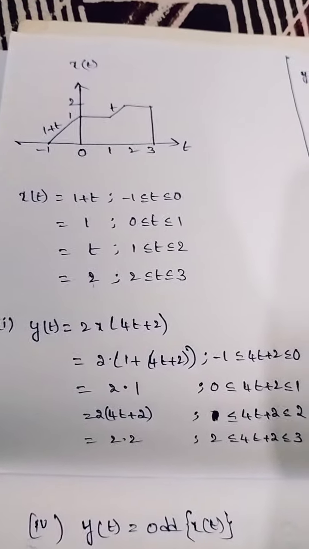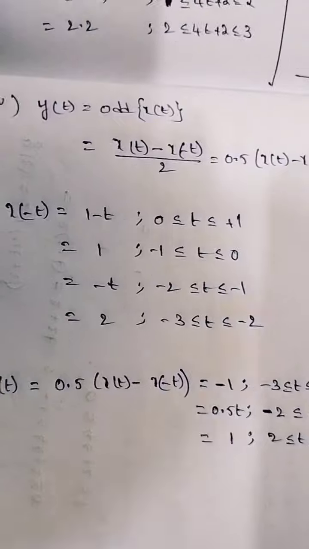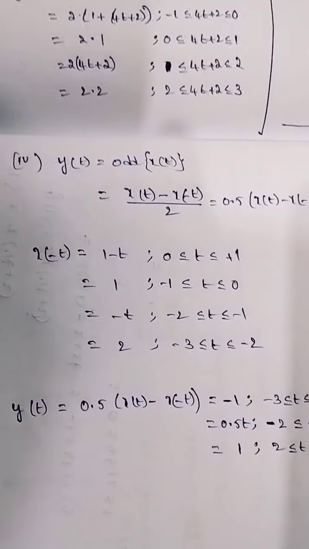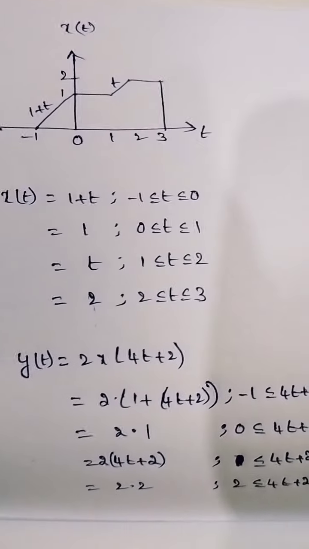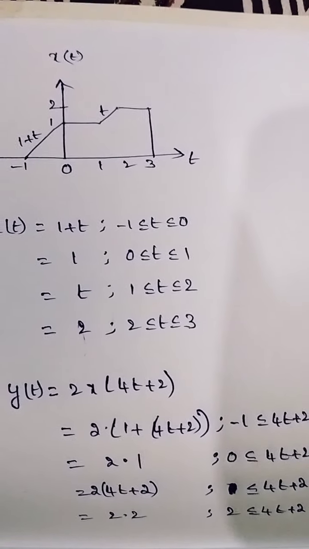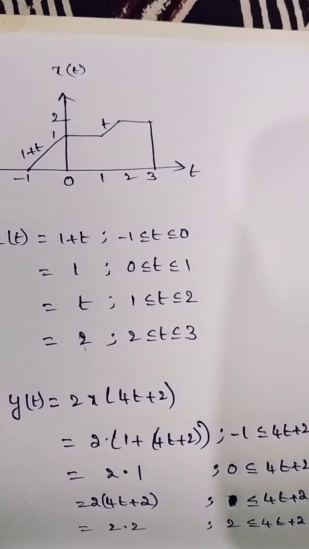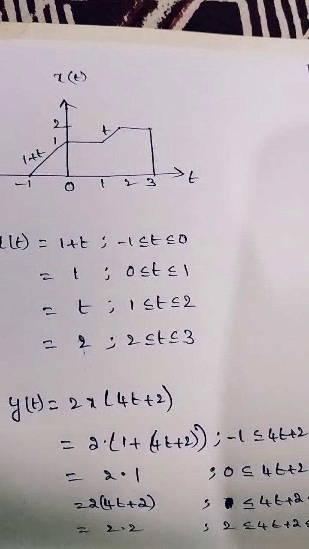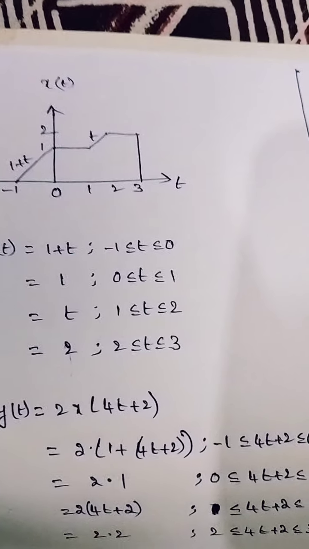And then convert the minus t range into t range. By doing that, you can get 1 minus t, here 0 to 1. Here observe, minus 1 less than or equal to minus t less than or equal to 0; by multiplying by minus on both sides, you get 1 greater than or equal to t greater than or equal to 0.